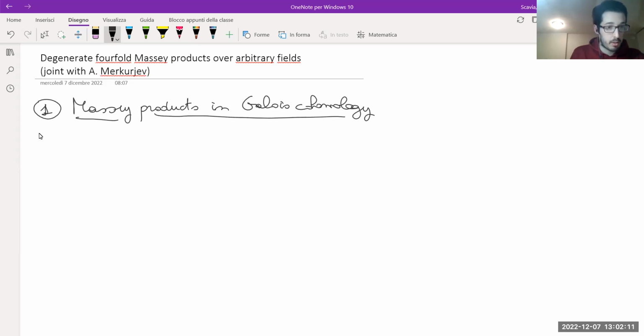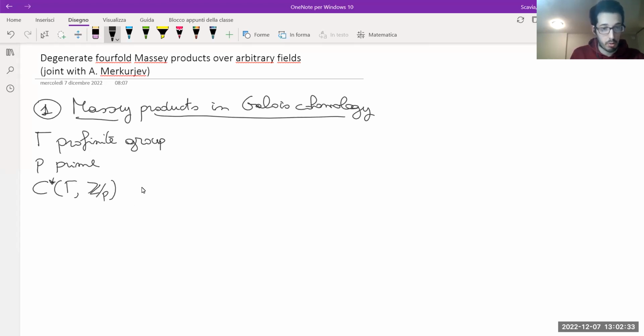Let's just fix some notations for the rest of the talk. Gamma will be a profinite group, p a prime. And then I denote by C star of gamma, Z mod p, the continuous gamma cochains.